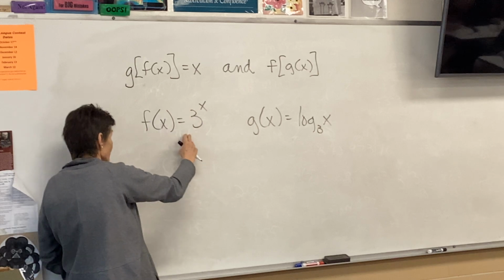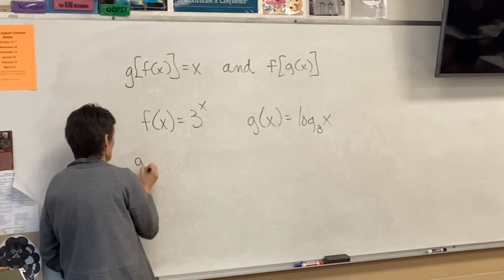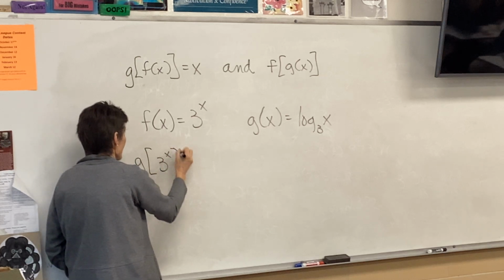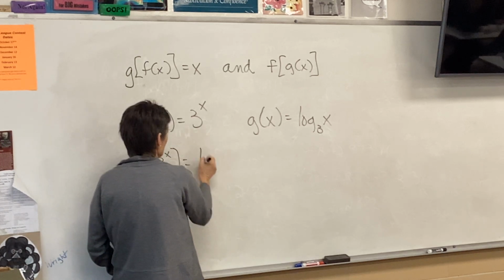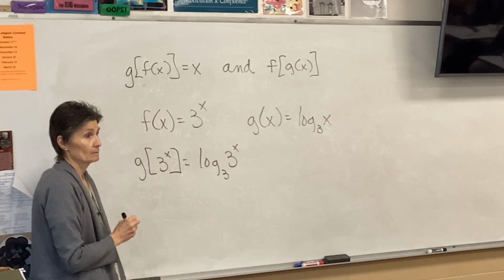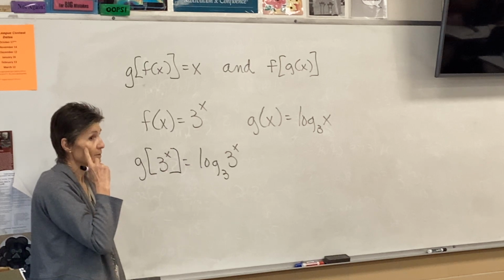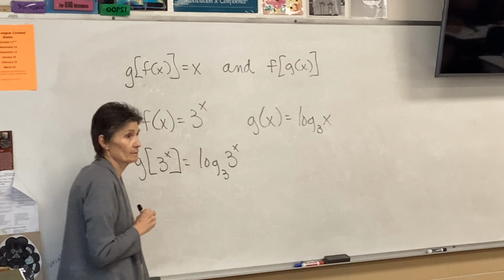Give the f into the g. So g of 3 to the x would be log base 3 of 3 to the x. Would you agree with me on that? Now, do you know what that equals?